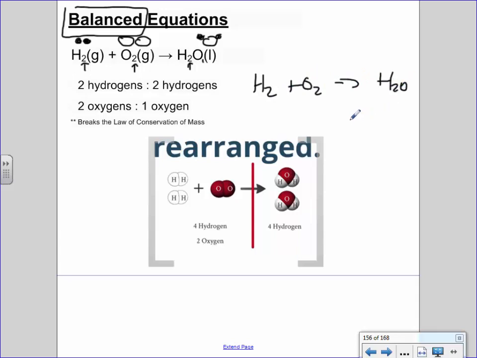But we put a big coefficient in front, like this. We'd say, what if I had 2 hydrogens? See how there's 2 hydrogen 2-packs. And I had 1 oxygen 2-pack. And when I was done, it made 2 waters. And what we do is we change the recipe. I like to compare this to cooking a lot.